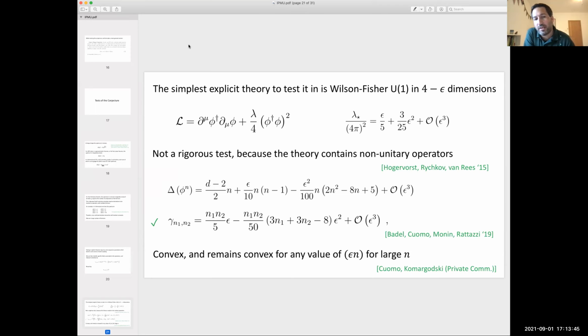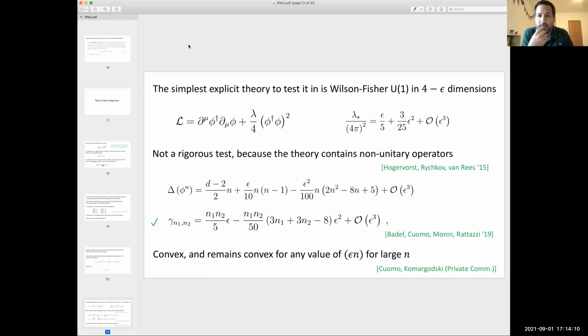But it's a good test in the sense that, first of all, at least for epsilon equals 1, you do get a unitary theory. And secondly, we will show that some non-unitary behavior can violate the conjecture for sure, but we don't know exactly what aspect of non-unitarity is associated with the conjecture, and in that sense, these are interesting things to look at.